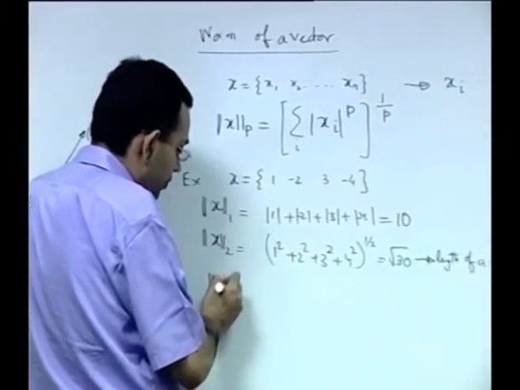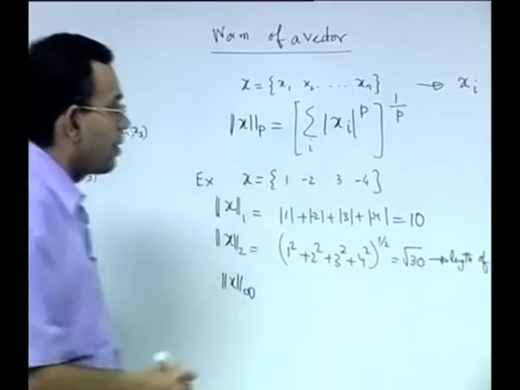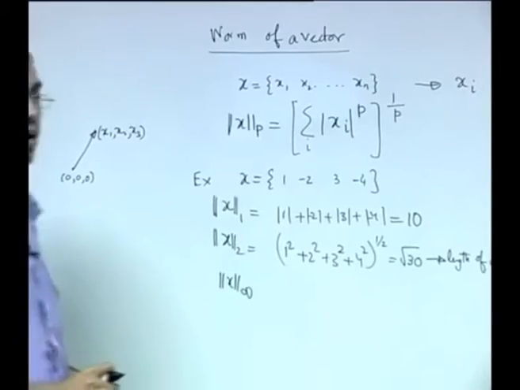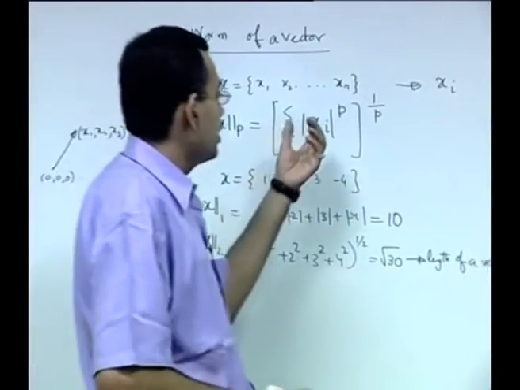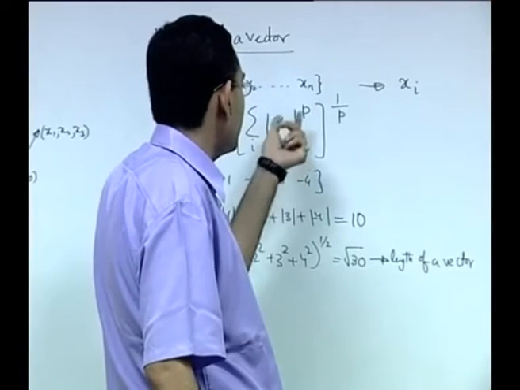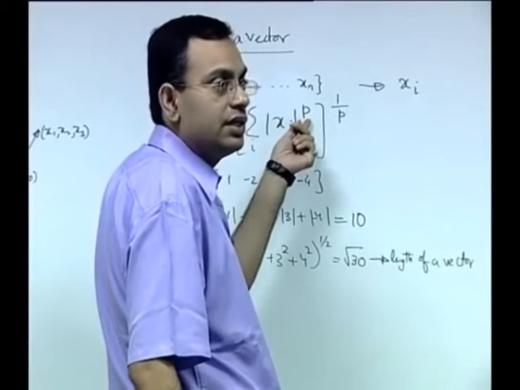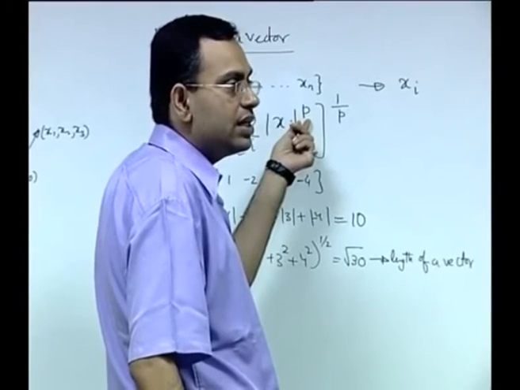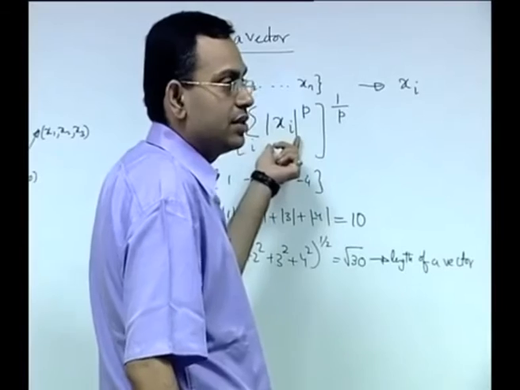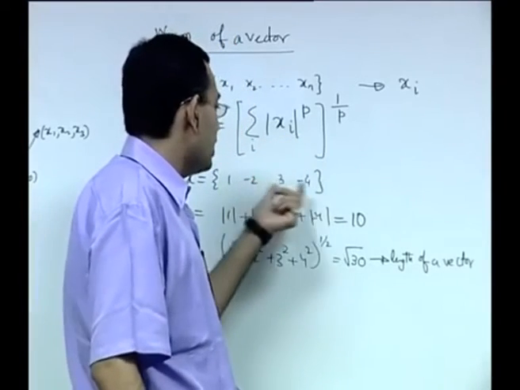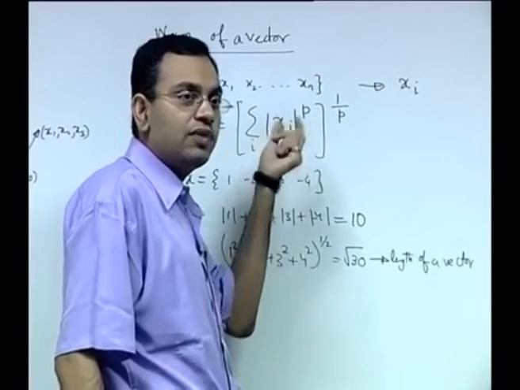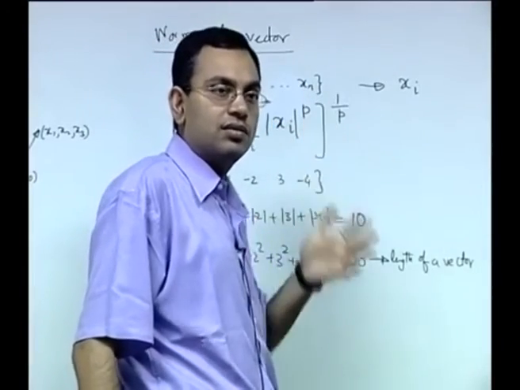Let us look into the infinity norm. Now, for infinity norm there is a special definition. Here when you have each element of the vector, you raise it to the power of infinity. So, you have many terms, which term will dominate? Out of these, whatever is the largest in magnitude, infinity power of that will dominate over all other terms.